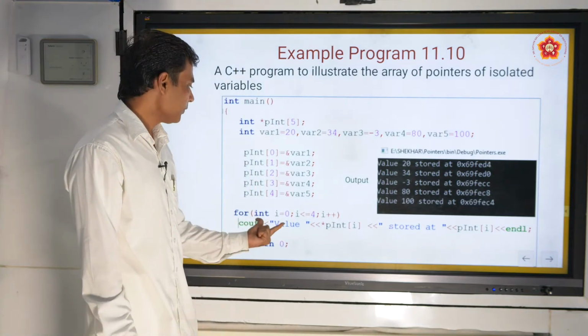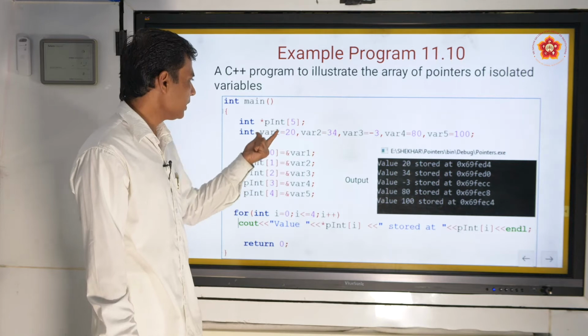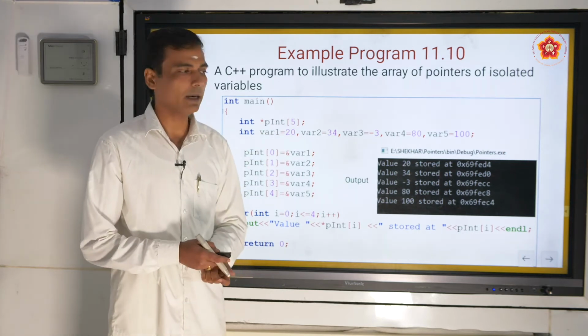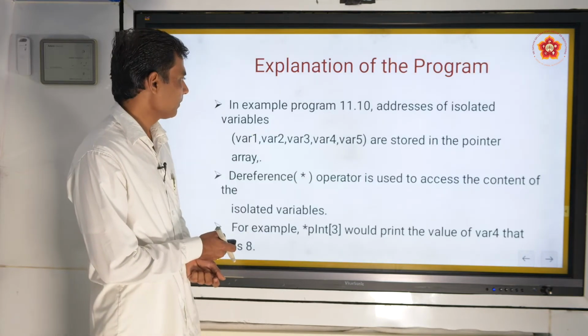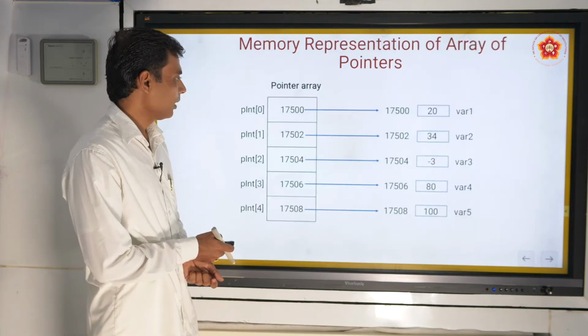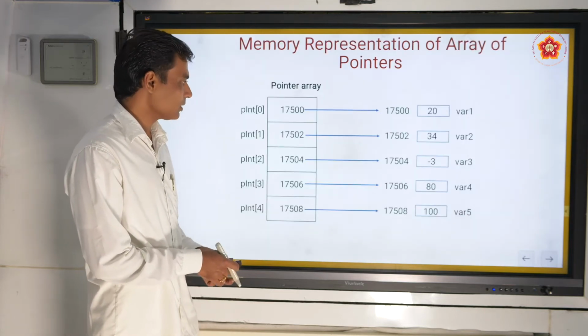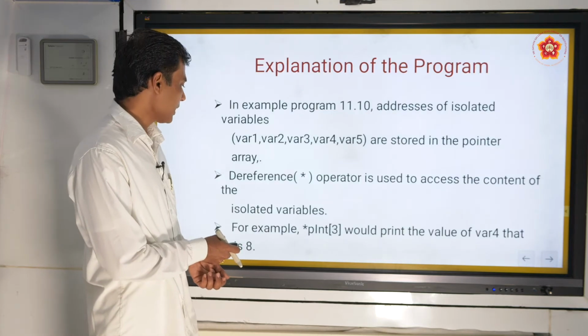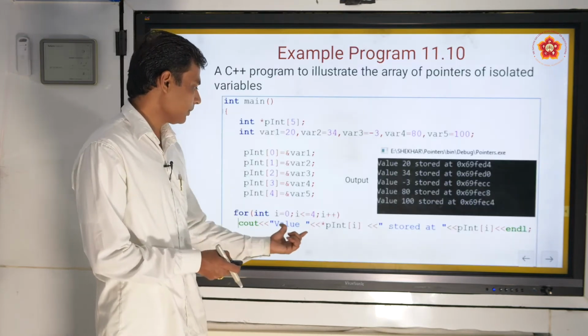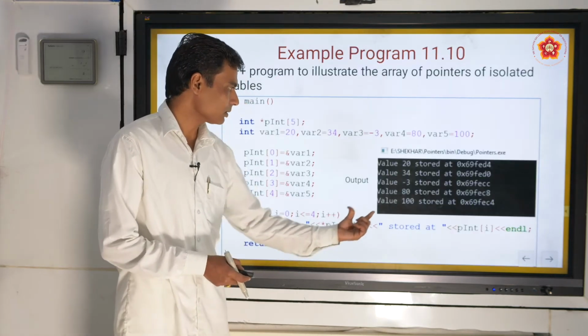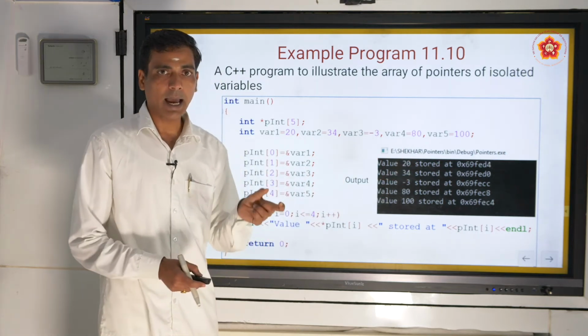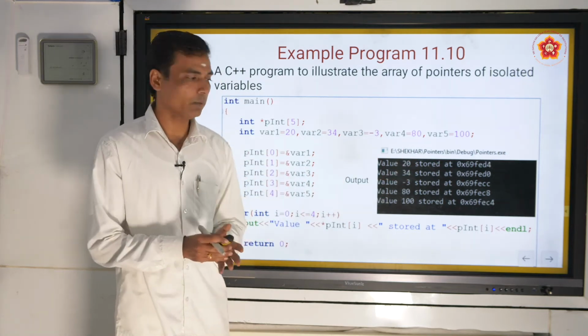But if you want to print the address of the pointer array locations, how can you print? You can print the address of pointer locations by just adding one statement to this program. Here we are printing the addresses which are stored in this array, but not the address of pointer array locations.